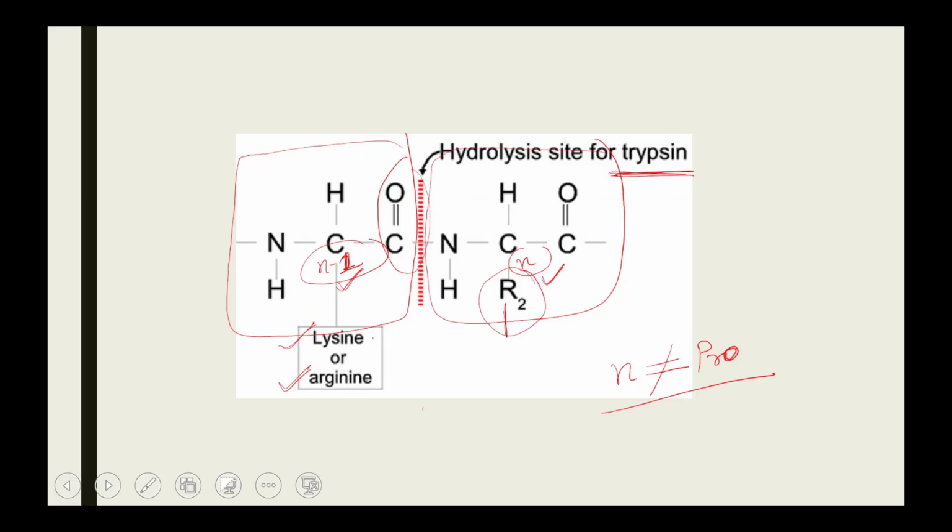Here, if this is N-1 and this is N amino acid, so N-1 should be a positively charged amino acid, or you can say arginine or lysine, and given that N should not be proline, and the cleavage action is at the C terminal.